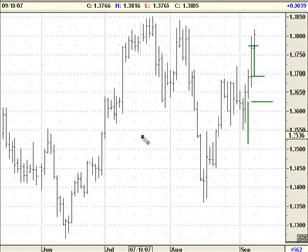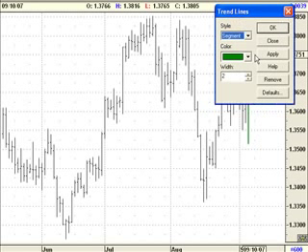Getting back to the Euro-US dollar trade, that was triggered by the Pip Maximizer 1 trading method that is taught in the Forex Profit Accelerator trading course. The Pip Maximizer 1 trading method is one of 4 methods taught in the course. This is the close of the daily bar on Monday, 9/10. And let's clean this up a little from the last time.